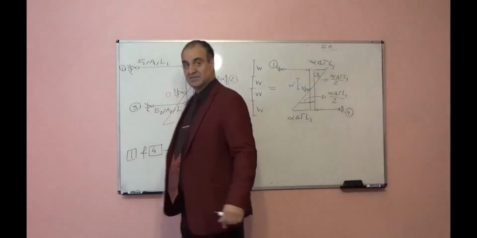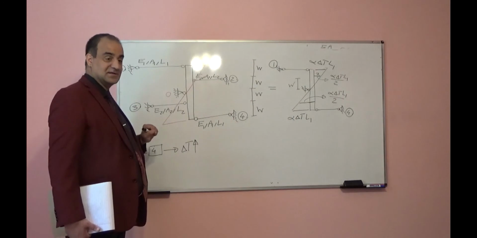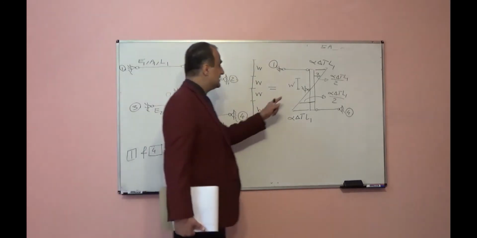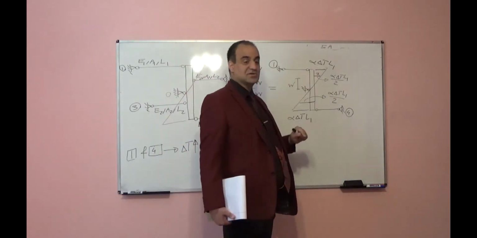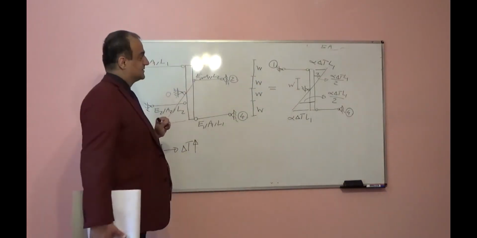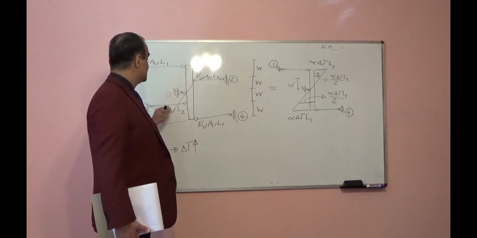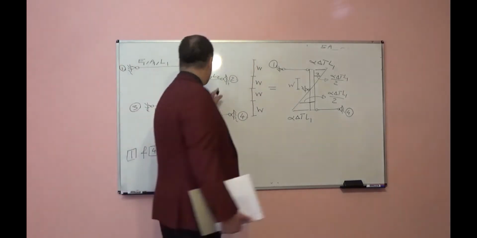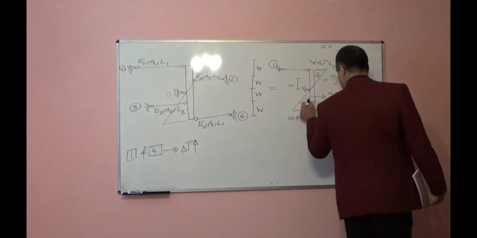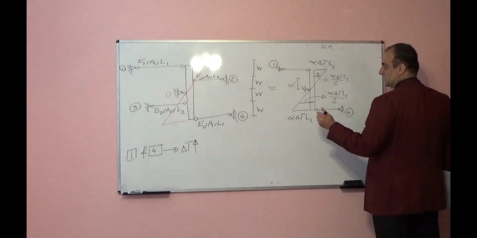Once we have these two members, member 2 and 3, this elongation will produce force inside of these members. How much force will it produce? They should be equal because the deformation is equal, but in opposite directions.